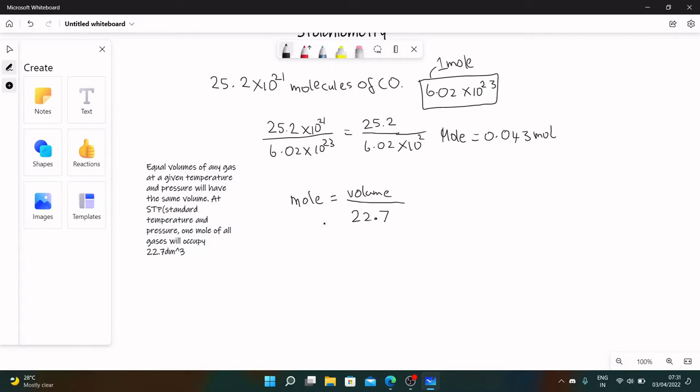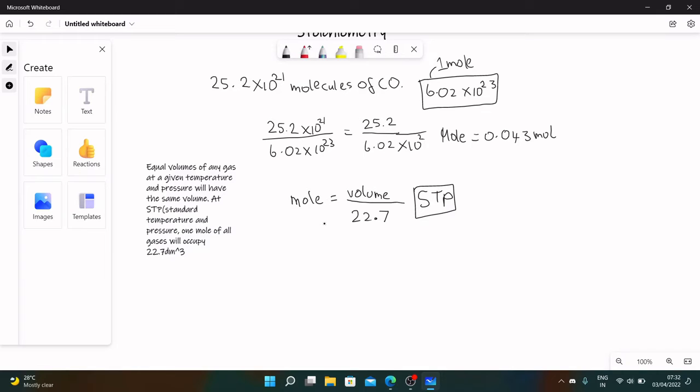You have the volume given in the question and you want to find how many moles that is. You want to see the amount of space it occupies divided by the amount of space 1 mole occupies to see the number of moles you have. One more very important thing is that the question should have STP written in it, because at standard temperature and pressure it is 22.7, but at a different temperature and pressure it won't be 22.7.